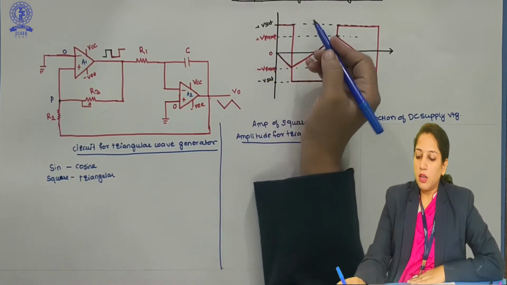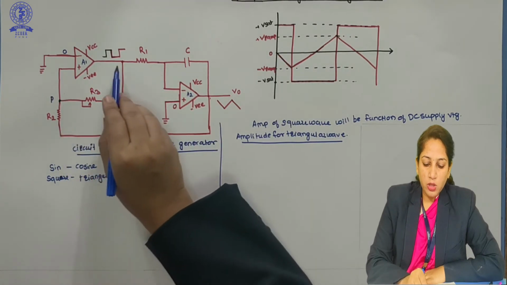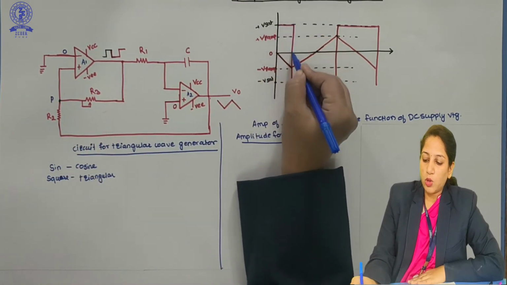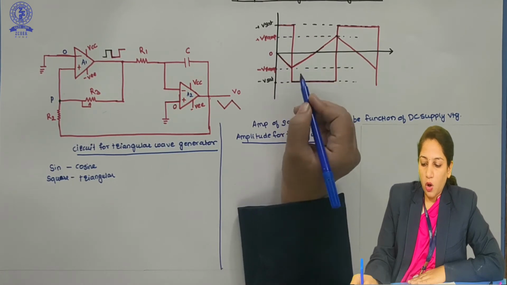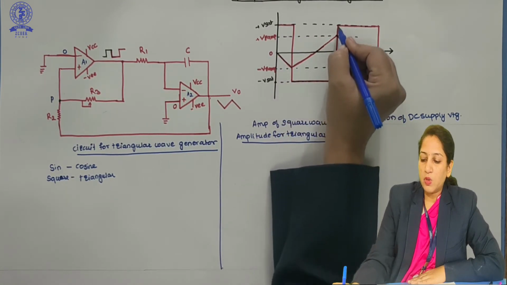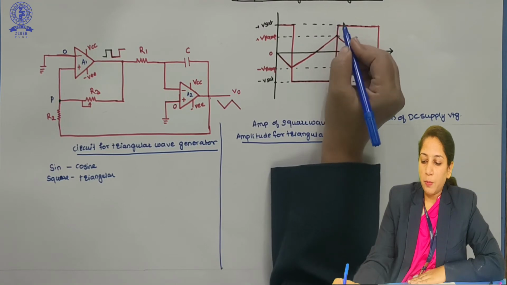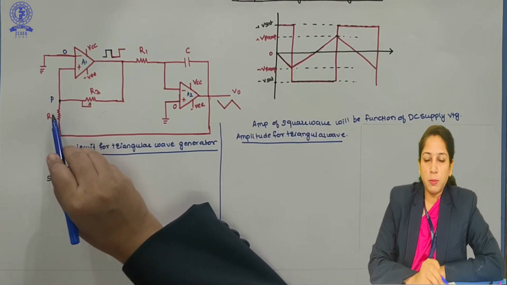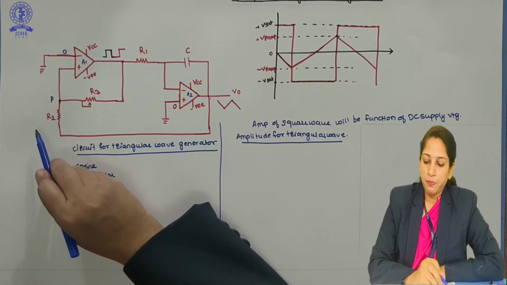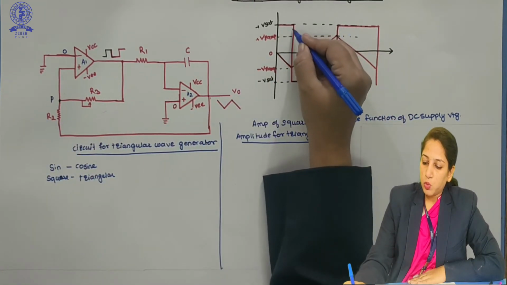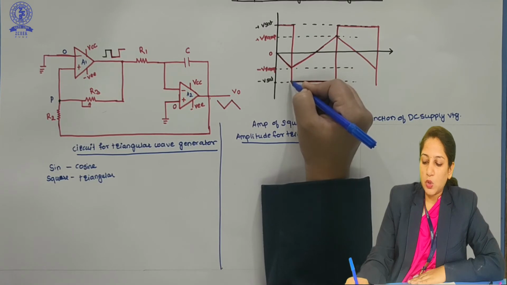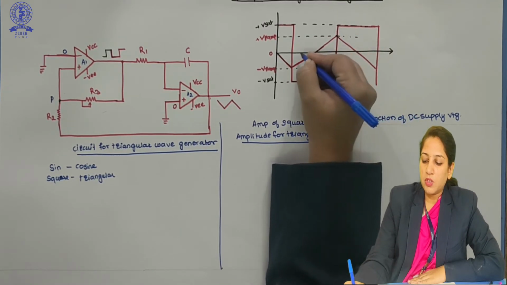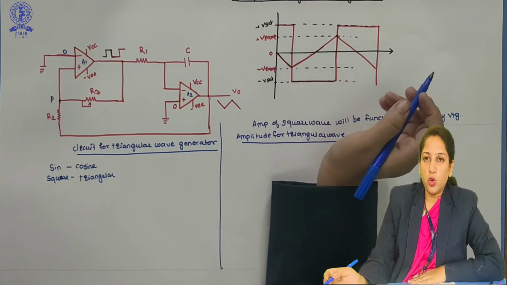Once the voltage across this R3 switches from plus V saturation to minus V saturation, or minus V saturation to plus V saturation, at that point I will have some voltage across R2 which will be plus V ramp or minus V ramp. Whenever this switches from plus V saturation to minus V saturation or minus V saturation to plus V saturation, for some instant I will get a zero value.